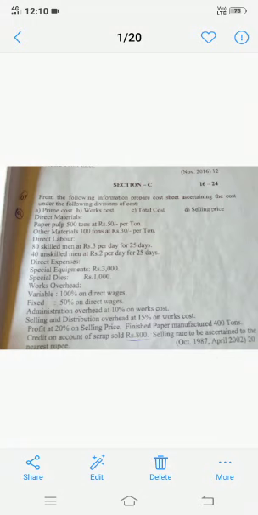Then administration overhead at 10% on work cost, profit at 20% on selling price. Finished paper manufactured 40 tons, credit on account of scrap sold rupees 800. Then selling rate to be ascertained to the nearest rupee.